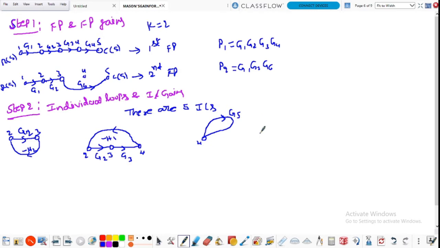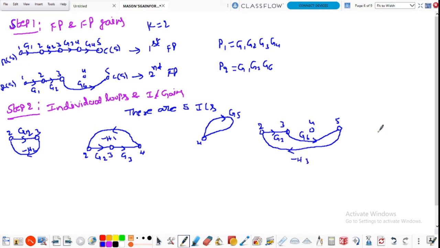Another loop is 2 to 3, 3 to 5, 5 to 2. This gain is G2, this gain is G6, and this gain is minus H3, and this is the fourth individual loop.